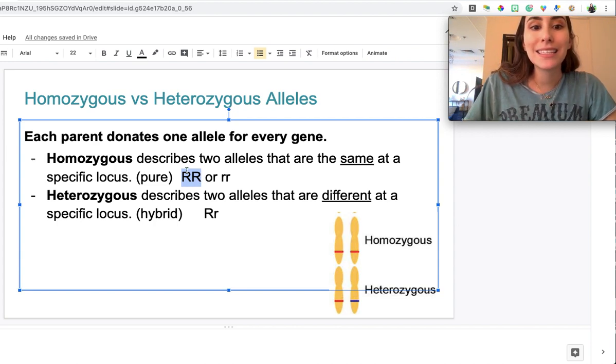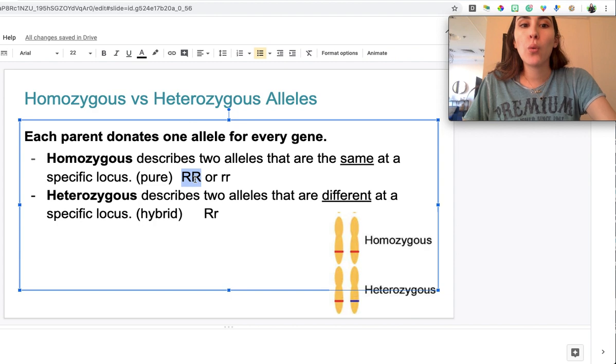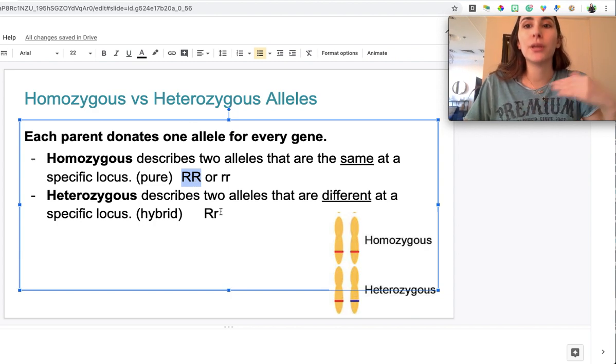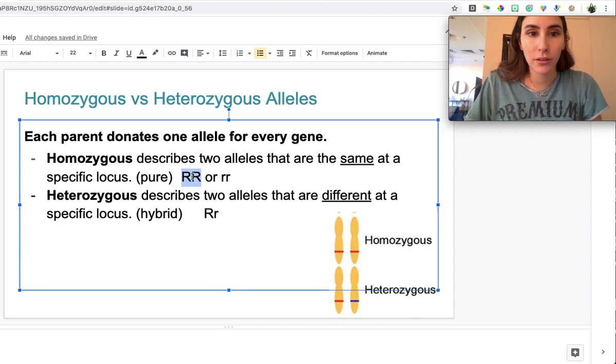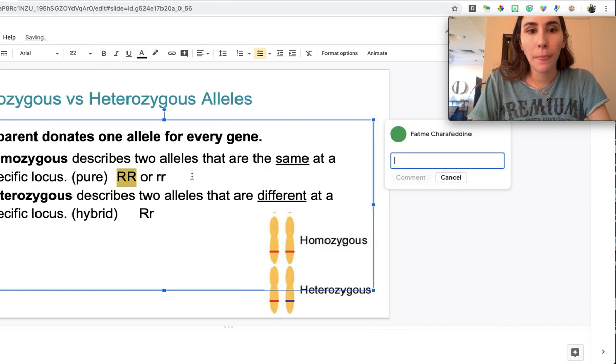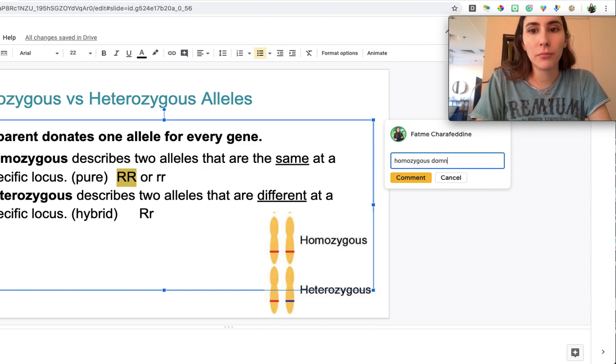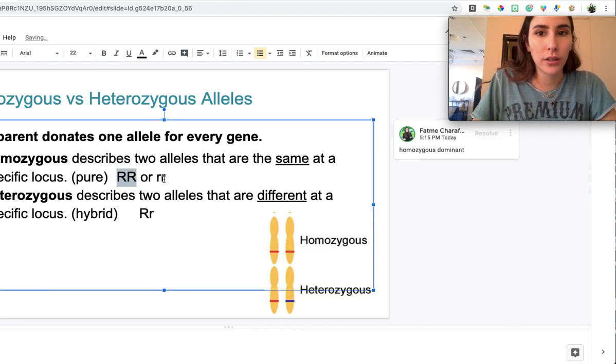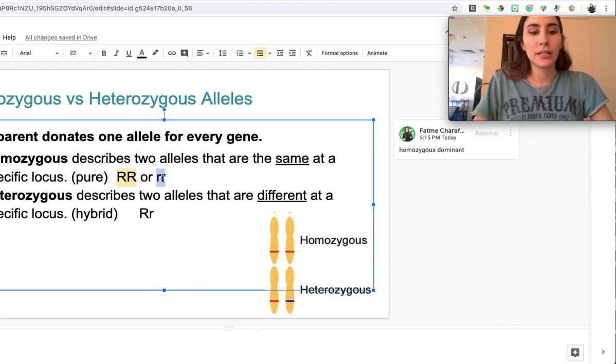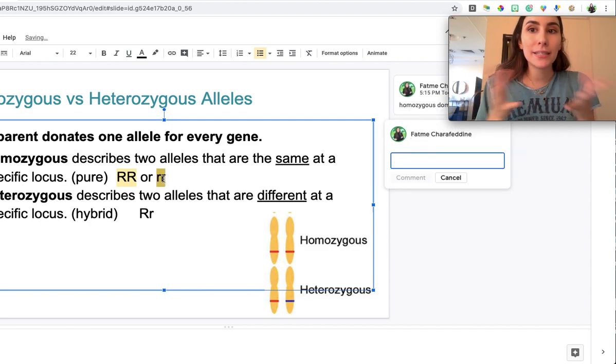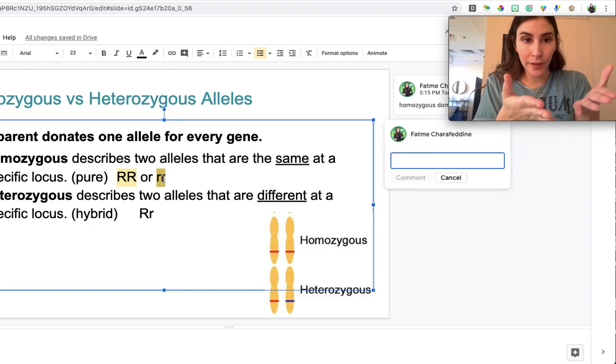So if I ask you, what is this genotype? You would tell me homozygous dominant. Now what about this one? This one is also homozygous, because you can see that there's 2 copies, but is it dominant? 2 lowercase r's?